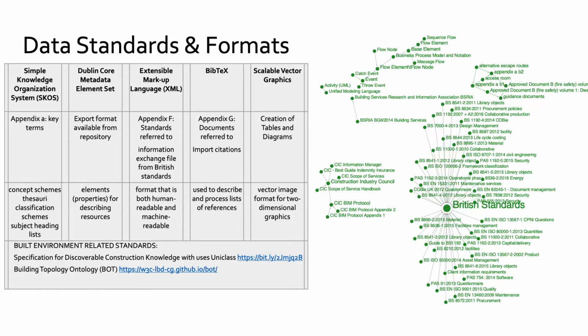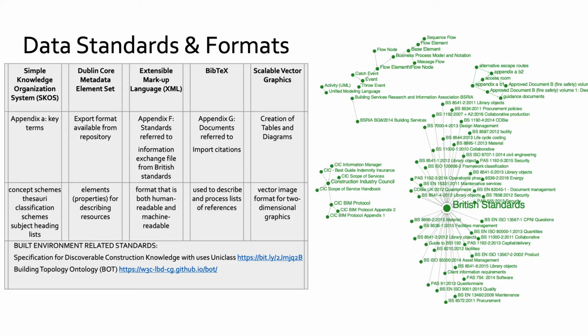Below are some other specifications. Specification for discovery of construction knowledge, which uses Uniclass, and that's been published just this year, and BOT. So that uses a W3 standard, and it's an ontology for building information.